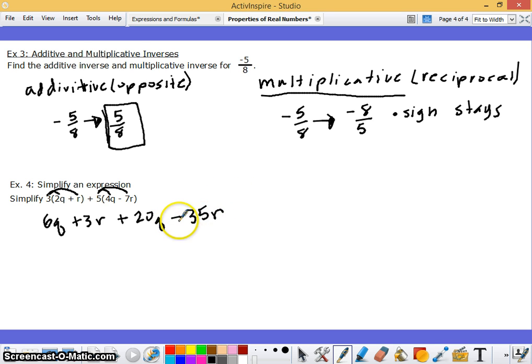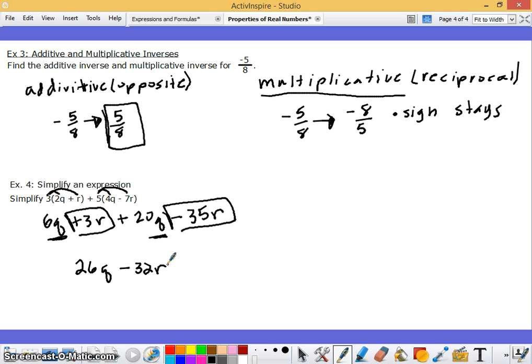That's the first part. You could, at this point, use the commutative property to group your r's together and your q's together, but you don't have to. You could just now combine like terms. 6q plus 20q is 26q. 3r minus 35r is negative 32r. And there you have it.